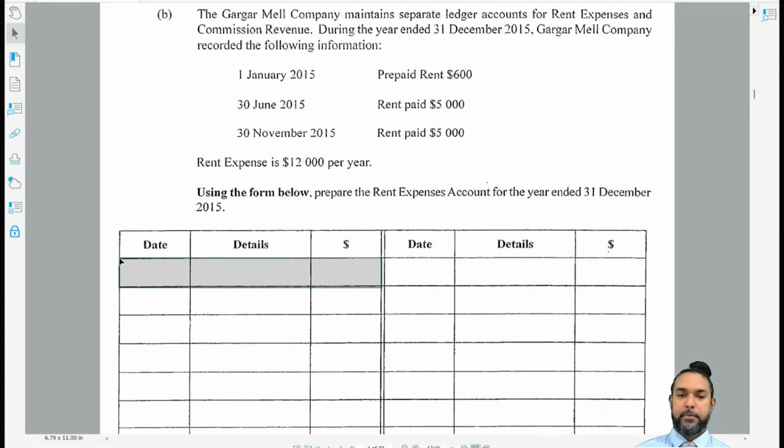Right, so you have 2015 on the top there, 1 Jan, you have balance brought down or prepaid balance at start or what have you, and then you have your 600 here.